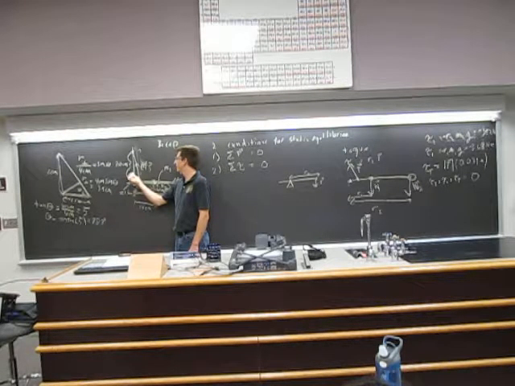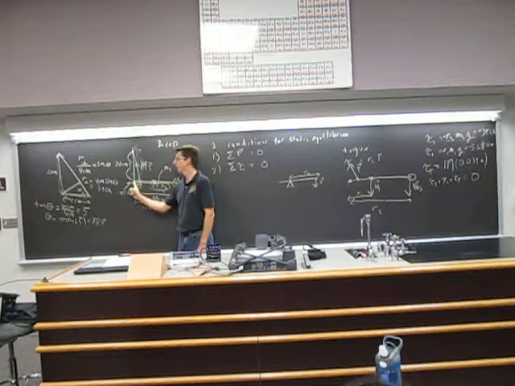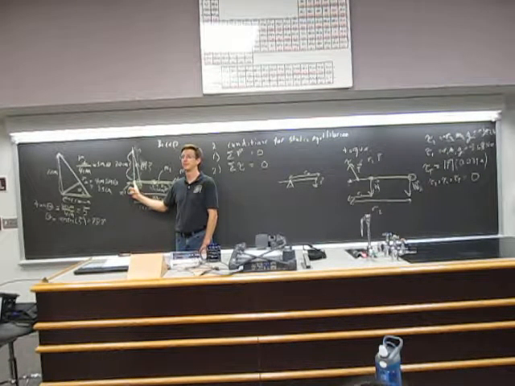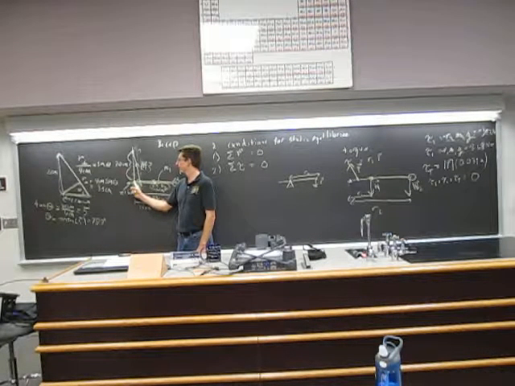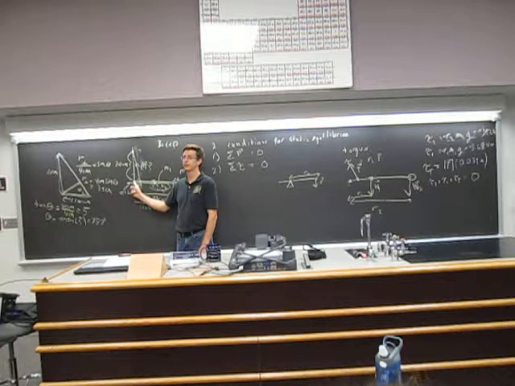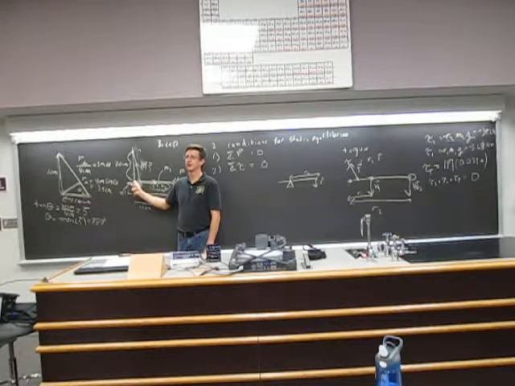Let's say it goes this way. The torque due to that force is 0, because the distance from the pivot point is 0. It's moving, but the distance of the force on the elbow, from the elbow, is 0. Does that make sense?